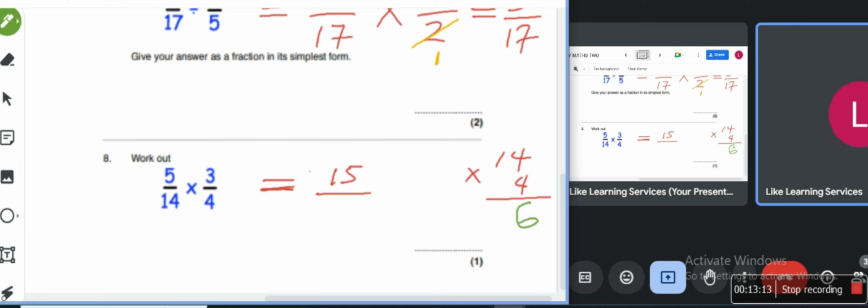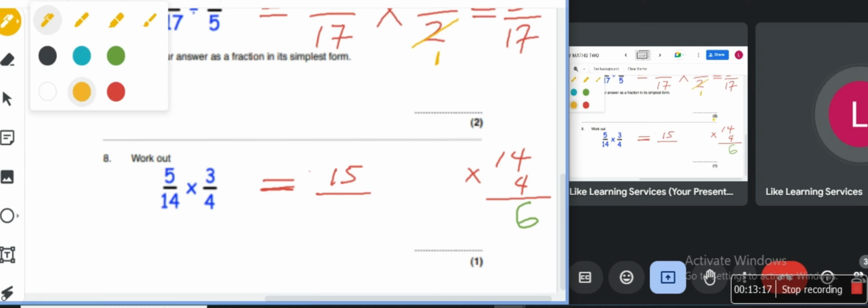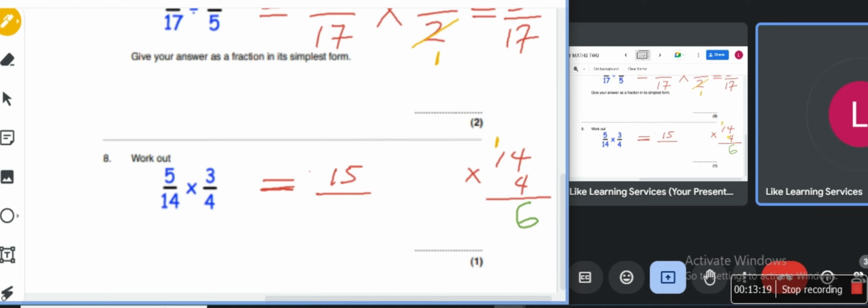What do you write? Let's carry 1. Carry 1 to the other side. And then you say 4 times 1. 4 times 1 is 4. Plus 1, which is 5.